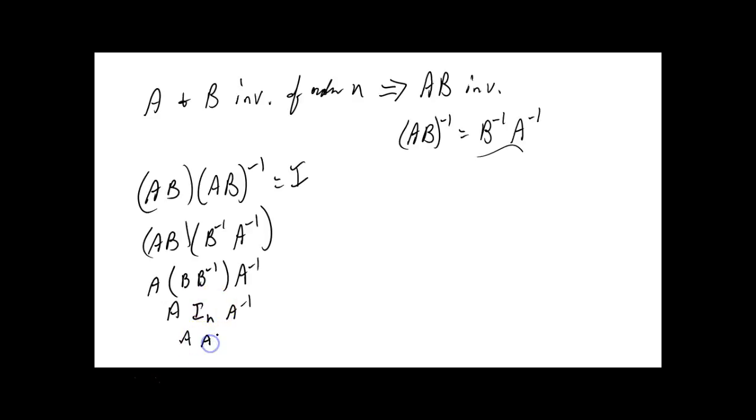And then what's A times A inverse? That also is going to be I n. So, yep, they must be inverses of each other, because when you multiply them together, you get the identity matrix. Okay. Pretty clever little proof. And a lot of the proofs in linear algebra, especially with matrices, are going to be that kind of thing. You almost feel like you're running around in a circle, but you really are going in one direction.